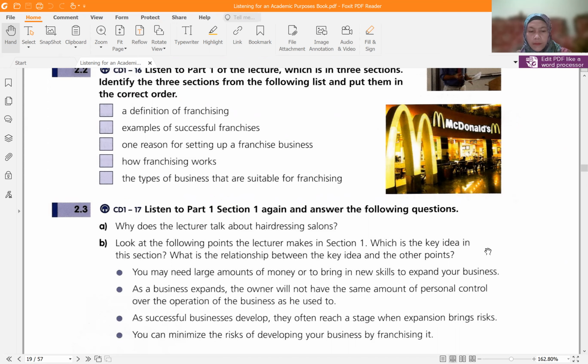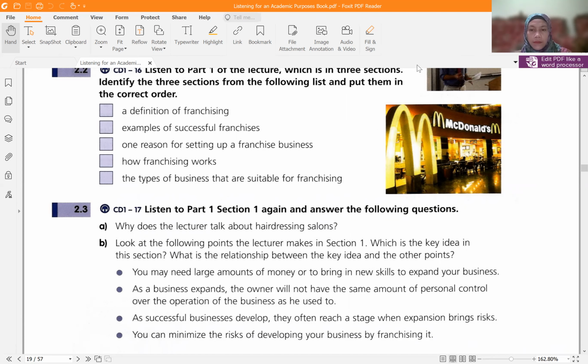Well, let's say you own 4 or 5 hairdressing salons in your city, which are very profitable. You want to expand the business, but recognize firstly that a lot more money will need to be invested. And secondly, that you will not be able to exert the same amount of personal control over the day-to-day running of the business that you've been used to.